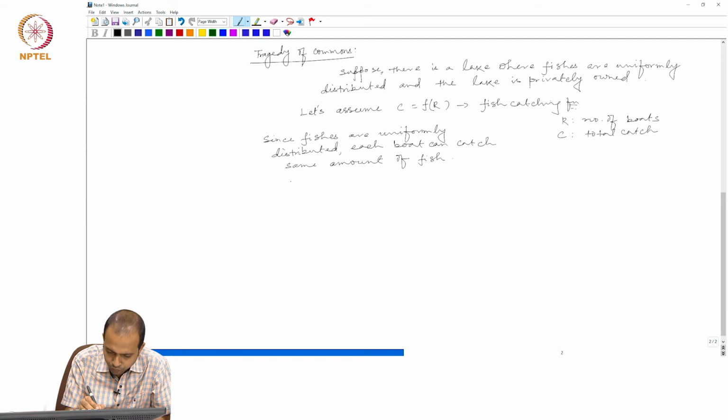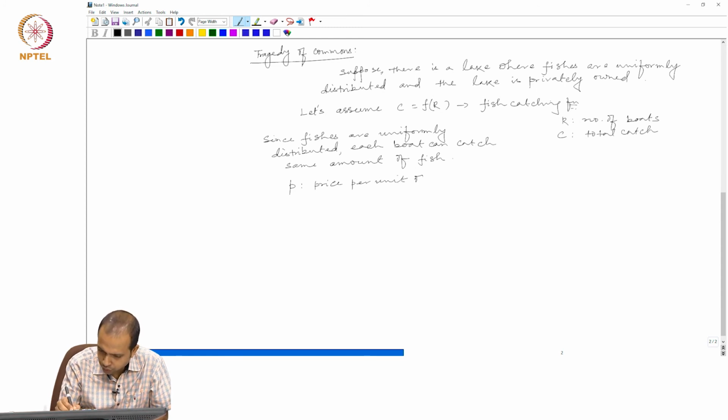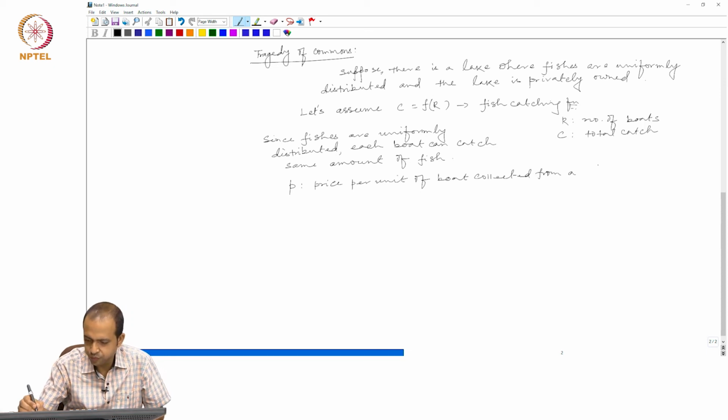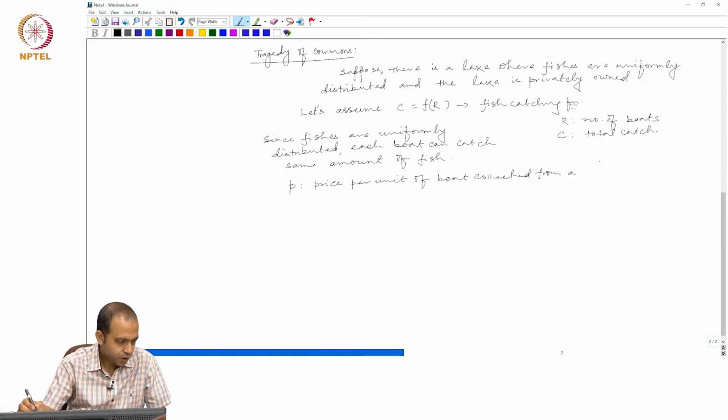Let us also assume P is basically the price per unit of boat, collected from a competitive market. Okay.